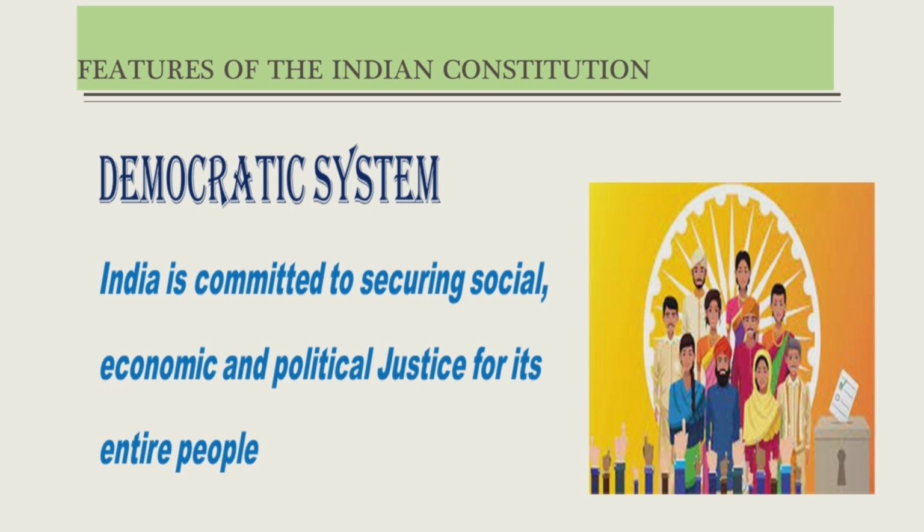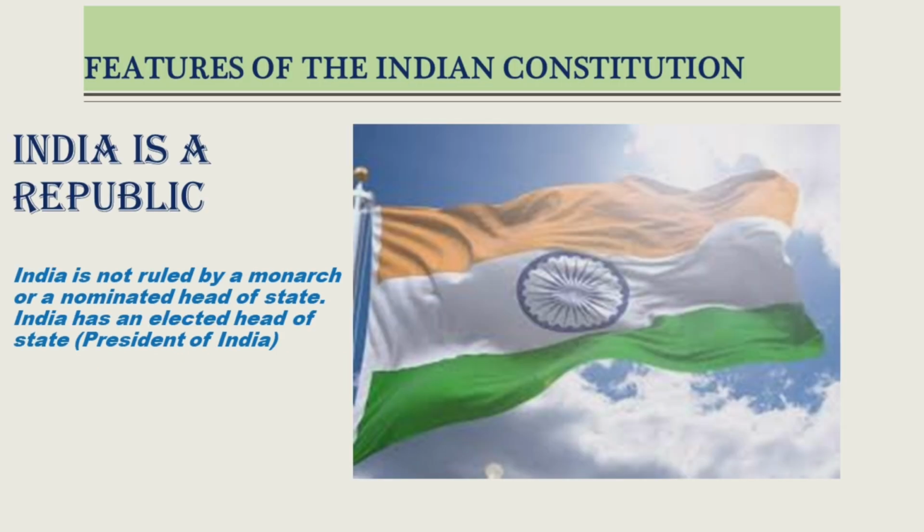There is a separation of powers among the executive, legislative, and judicial branches, ensuring a system of checks and balances. Citizens have fundamental rights and freedom, including freedom of speech, expression, and assembly. Finally, India has a constitution that provides a framework for governance, and protects the rights of its citizens.